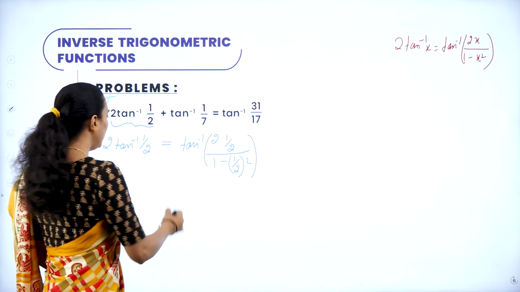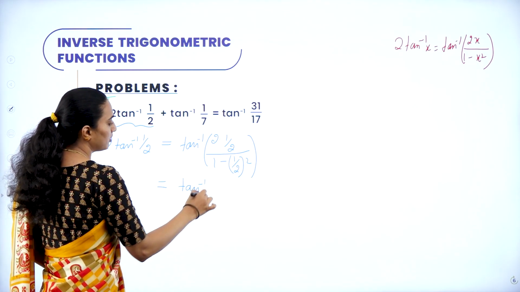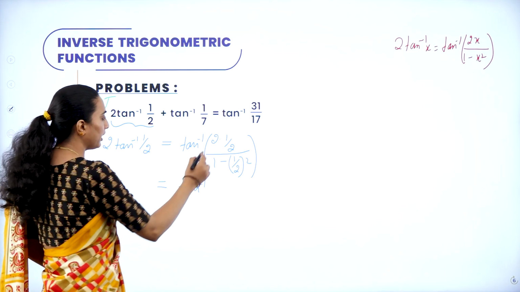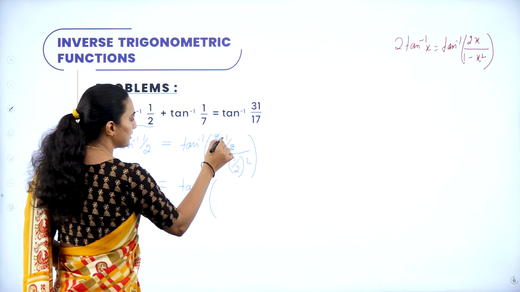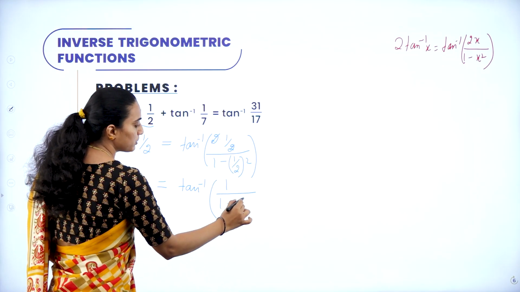So observe carefully, which will be equal to tan inverse, what will it be here? 2 and 2 will get cancelled, isn't it? So it will become 1 divided by 1 minus 1 by 2 whole squared.